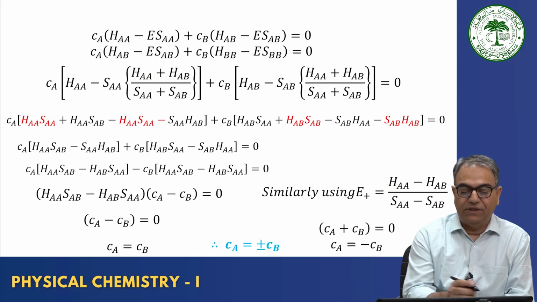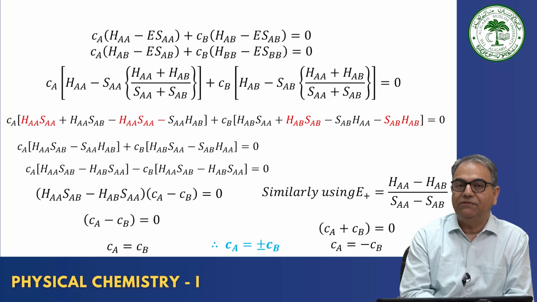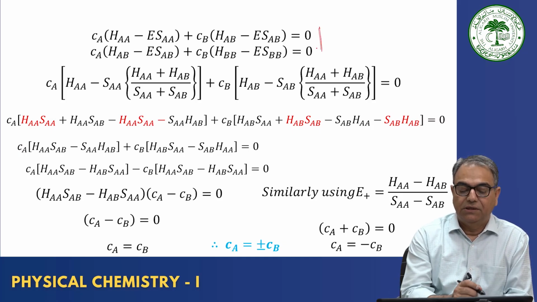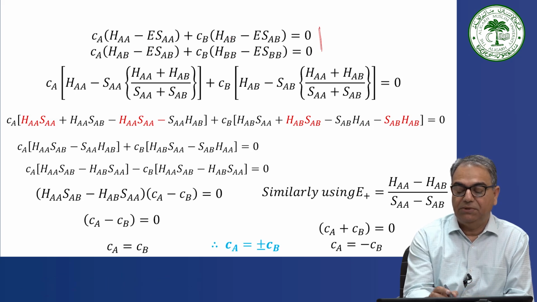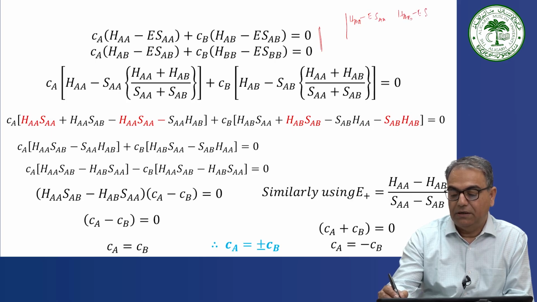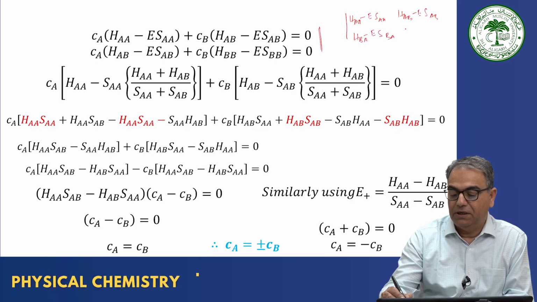So the two simultaneous equations which you can write from the determinant are like this: Ca HA minus ESA, Cb HAB, because your determinant was HA minus ESA, HAB minus ESAB, HBA minus ESBA, HBB minus ESBB.